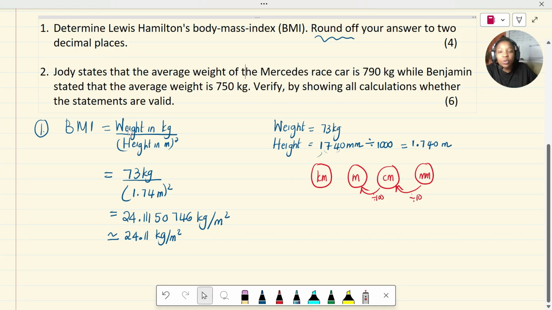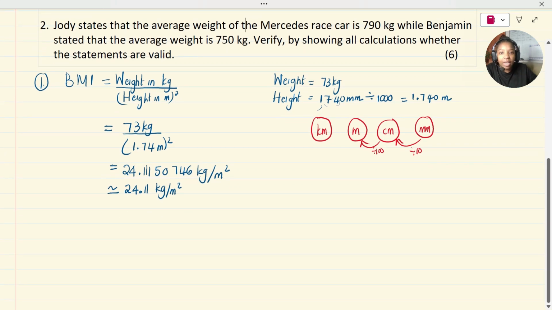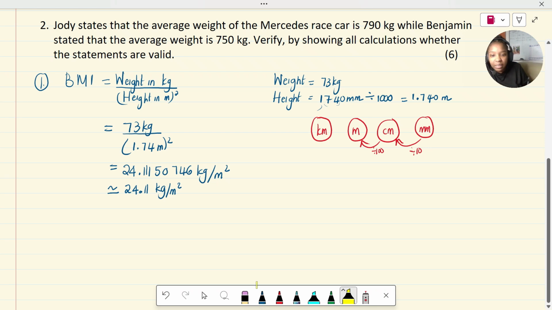So let's have a look at question number 2. It says Jody states that the average weight of the Mercedes race car is 790 kilograms, while Benjamin stated that the average weight is 750. Here we are told what Benjamin is saying, and what Jody is saying.